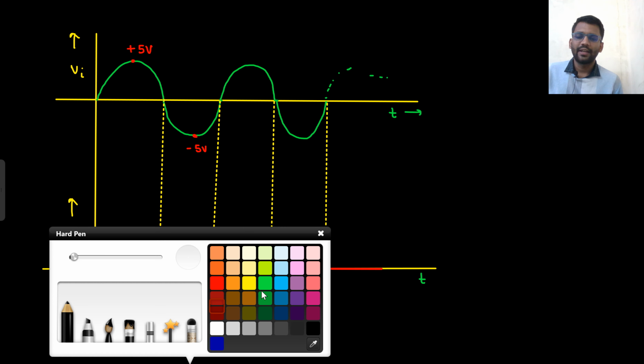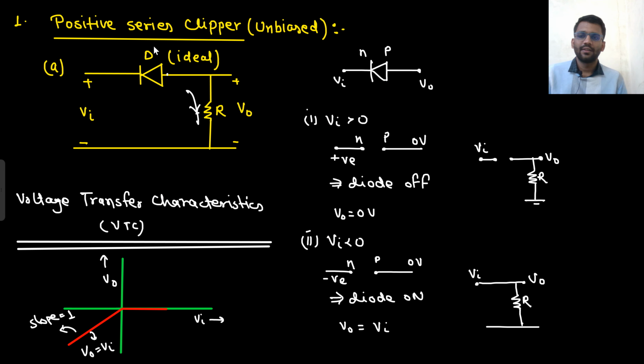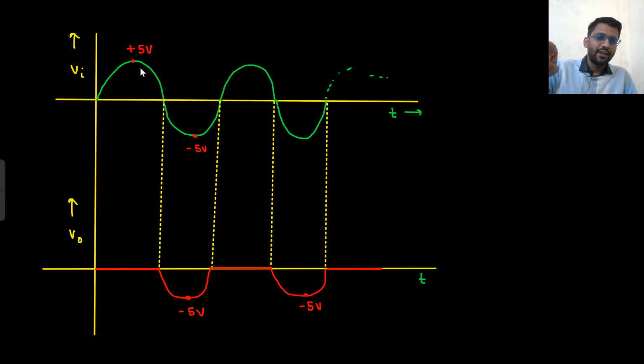Now the question comes, why was it called a positive clipper? Why this word positive? Because here the positive part of input is clipped off. Only the negative part is coming in the output.